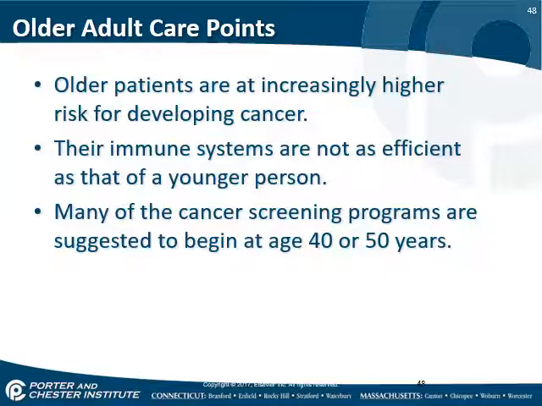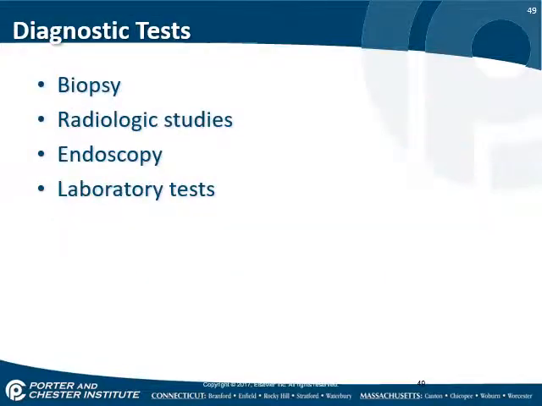Now, there are many diagnostic tests that can be done to diagnose cancer. I guess that's what you would do with a diagnostic test. They can include biopsies, and that would be taking a piece of tissue or tumor and sending it to the lab. Radiologic studies, I mean, there's probably about 1 million different ones.